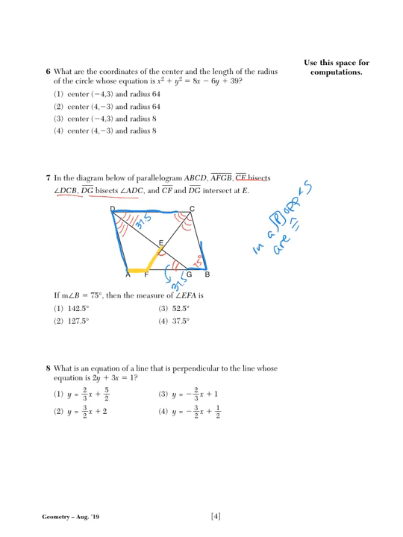When you have a parallelogram, the interior angles on the same side are supplementary. So the measure of angle DCB plus the measure of angle B equals 180. And we know that this is 75 degrees. Okay, therefore the measure of angle DCB is 105. If you split that in half, you get 52.5.